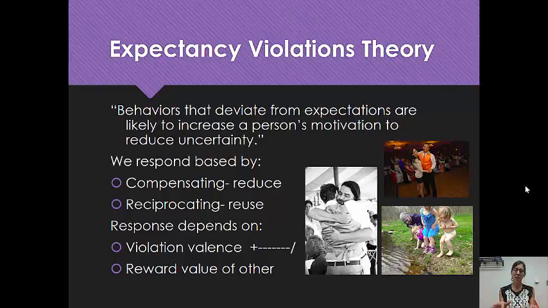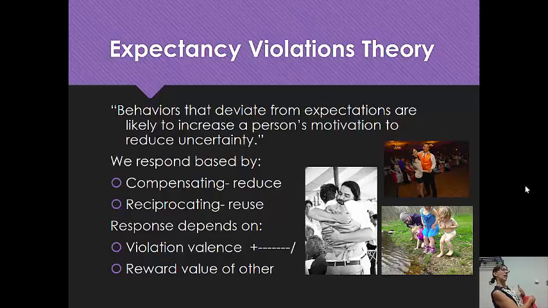So there are two things that kind of happen when we experience expectancy violation theory. And I'm going to give you lots of examples here in a second. This will all make sense. We can compensate, we can push away. So the example I gave you was of the two girls. When the two girls were hugging, one was kind of touching the other around the waist. She was leaning into her and she was smiling, right?